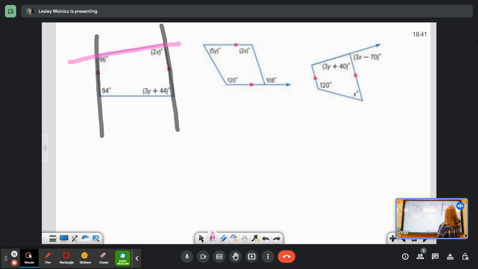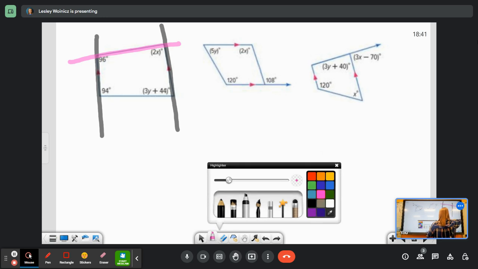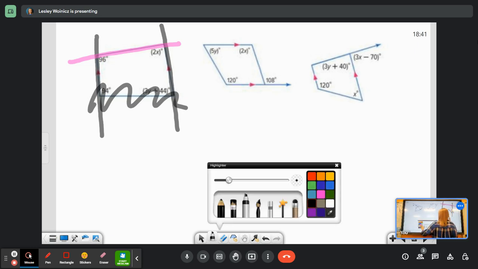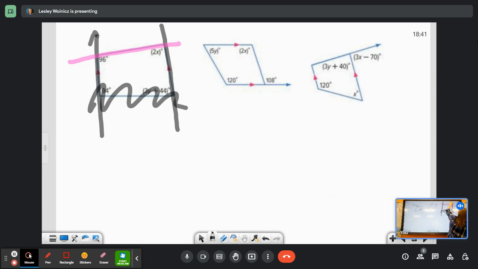So we're going to ignore the bottom part of the problem for right now and just concentrate on the top part. You can even stretch this out for right now. Do it lightly because we're going to need it. So these are my parallels, and my transversal is the pink.